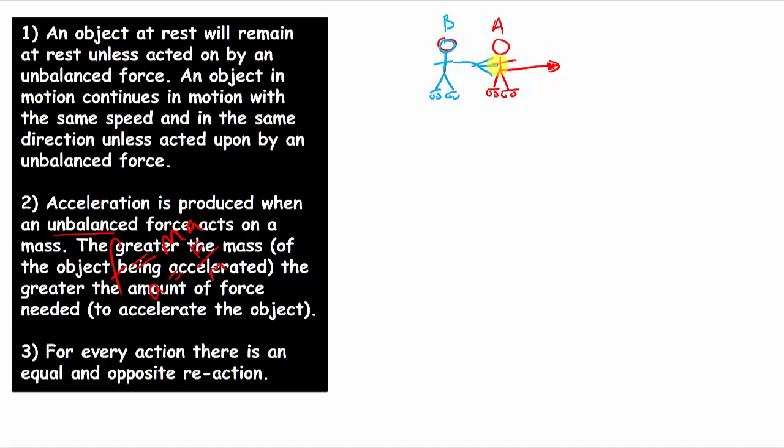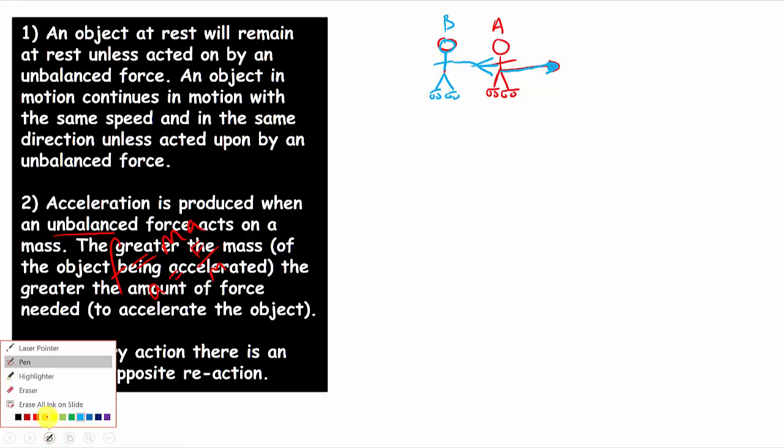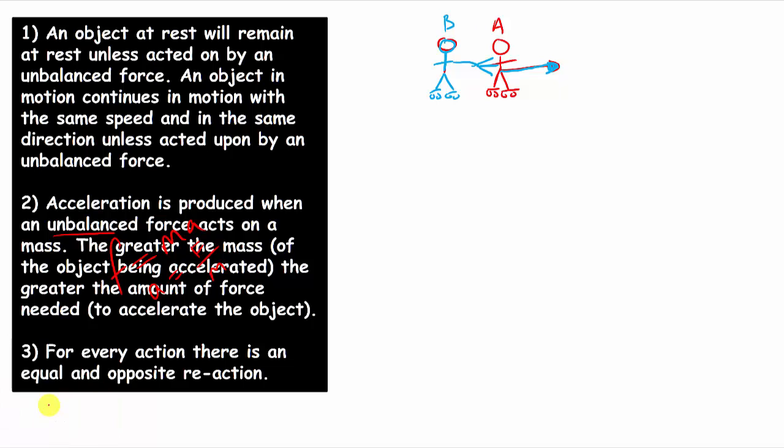If they push person A, we can think of it as the force acting on person A is from person B, but it's impossible for person B not to be pushed backwards. So we can say that when person B applied a force to person A, person A also applied a force to person B. Confusing, isn't it?